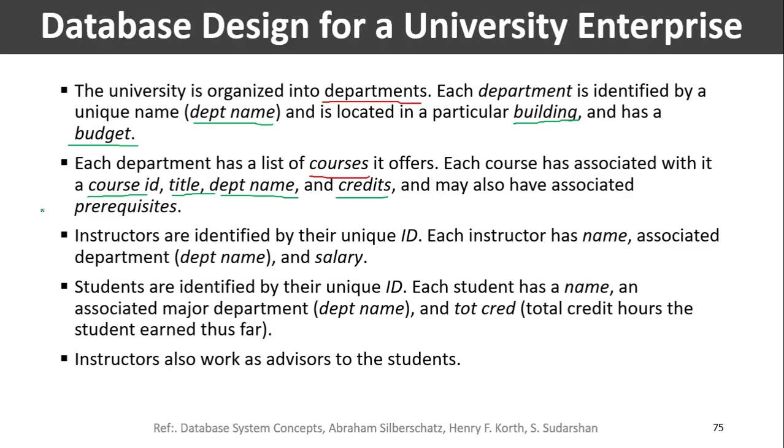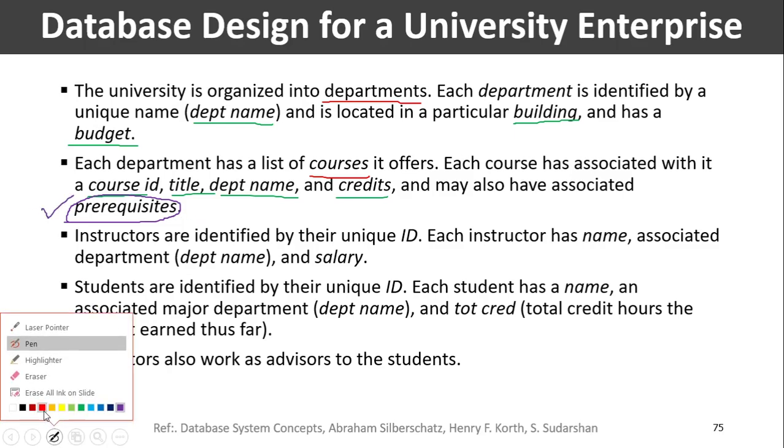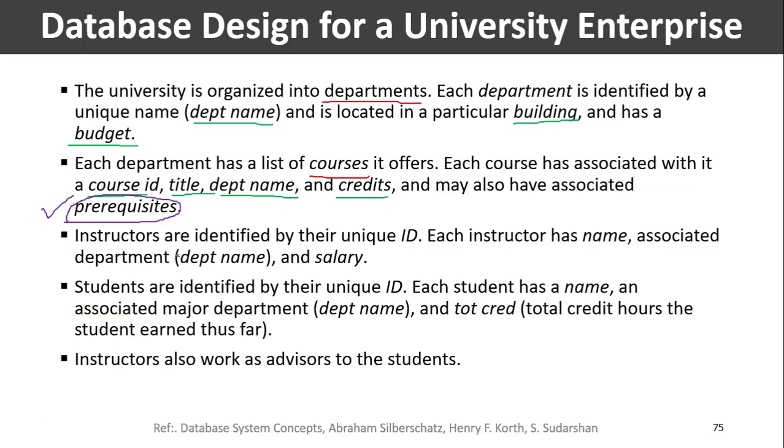So we need to understand here that we have something like prerequisites for the course, and later on we'll see how to denote these prerequisites. Now further, if we look at the next statement, it is mentioned that instructors are identified by their unique ID. Each instructor has a name, associated department and salary.